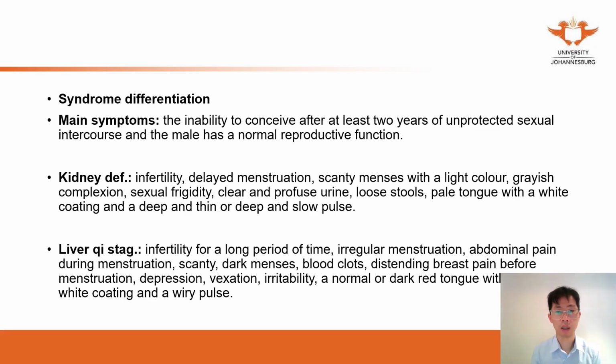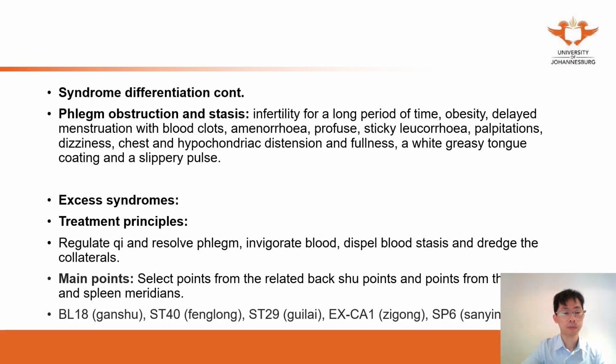These are all knowledge from your diagnostics. For excess: liver qi stagnation, where we activate the circulation. Phlegm: the patient may be overweight or obese, with delayed menstruation with clots and a greasy coating.